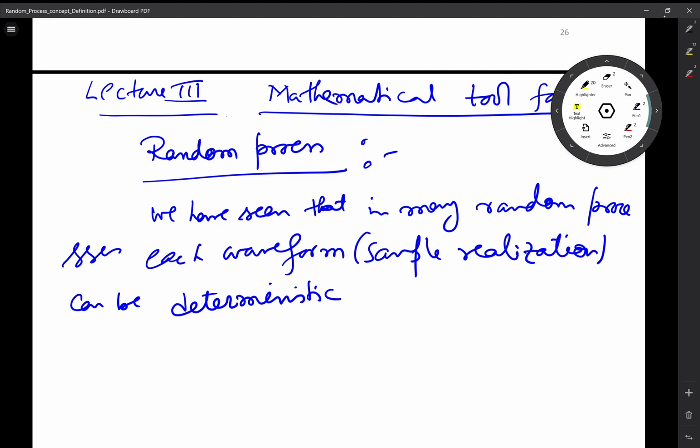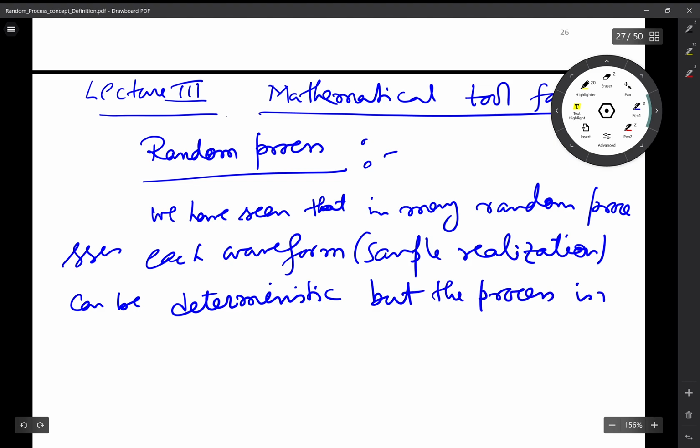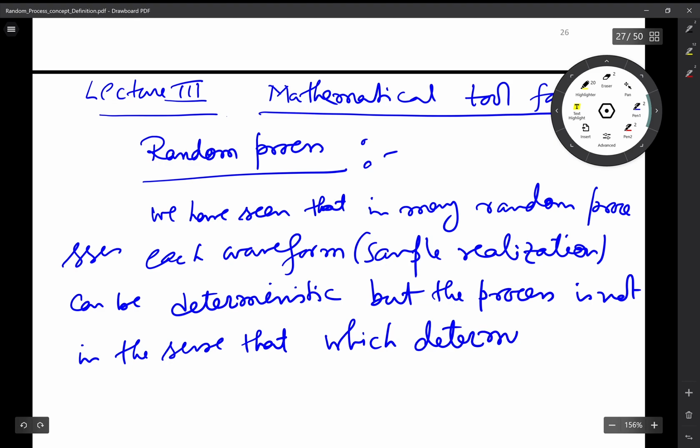But the process is not, in the sense that which deterministic waveform will come, we don't know.